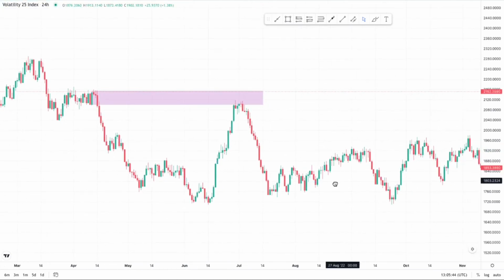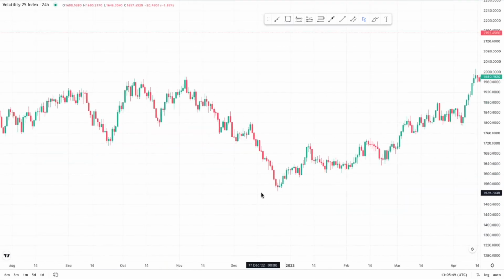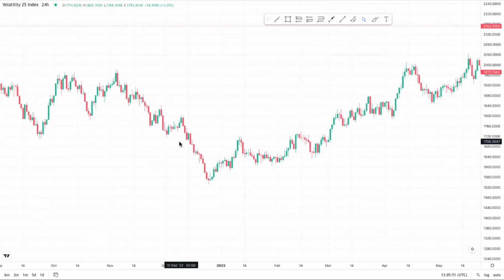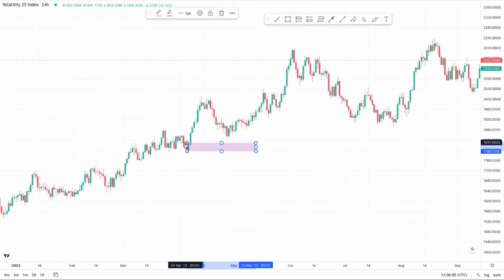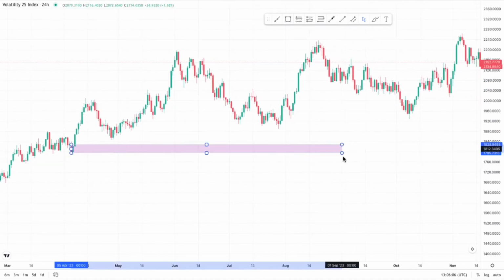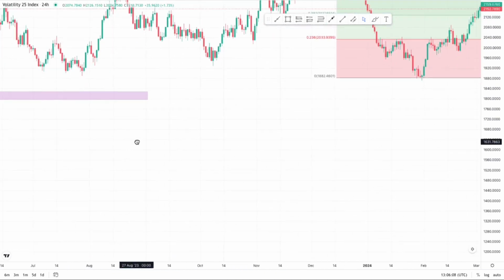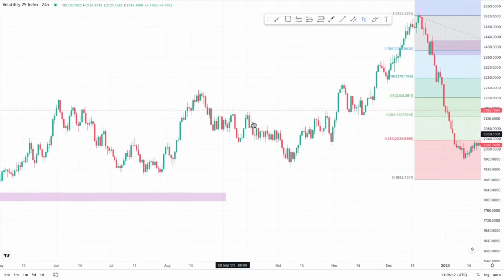In a bullish scenario, we say an order block is the last bearish candle that created a strong bullish movement. So this is the last bearish candle before this sharp upward movement. Whenever price comes back into this order block, we would enter a buying position and look forward to making a lot of money.